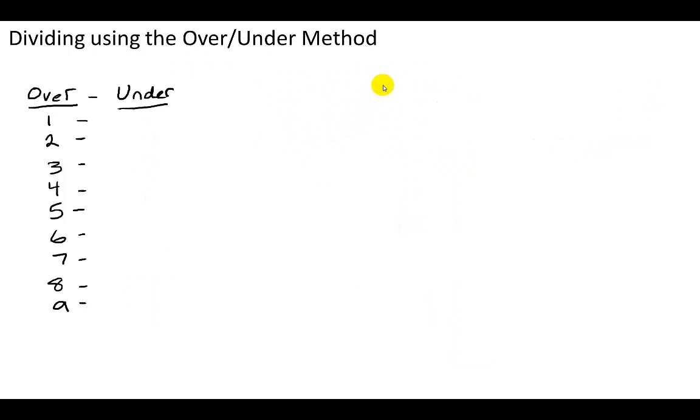We just saw an example of the over-under list being used with 6s. So now I'm going to show you the over-under list when we're working with 7, just to show you that while the over list always stays the same, the under list will change. So in this case, we're going to work with 1,438.5 divided by 7.